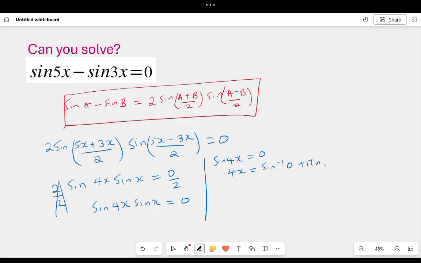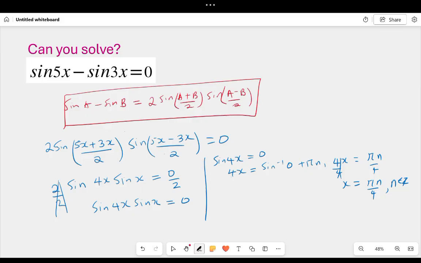Now, 4x is simply equal to sine inverse of 0 is 0 plus pi n. So 4x is equal to pi n. Divide by 4 on both sides. X in this case will simply be equal to pi n over 4, whereby n refers to all the integers.